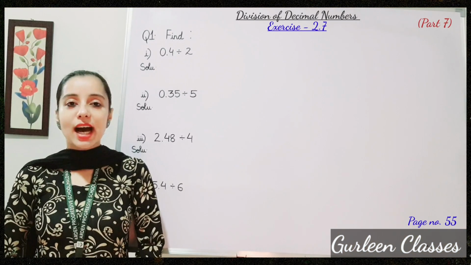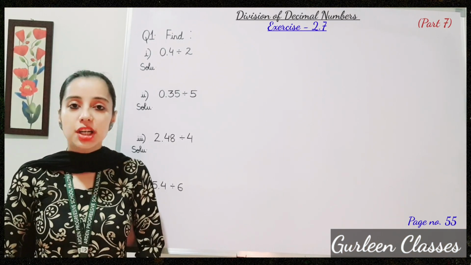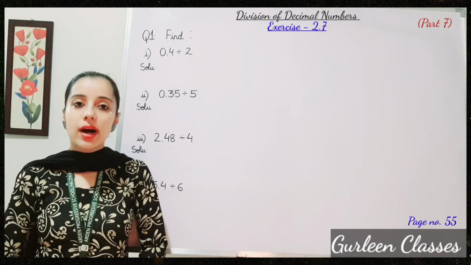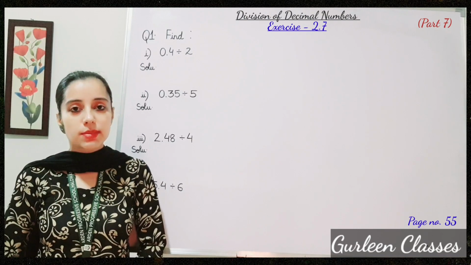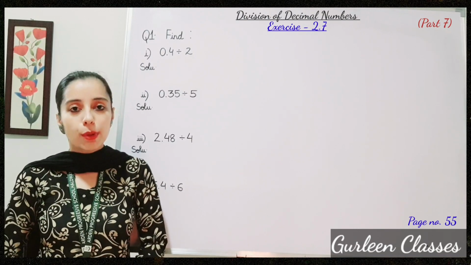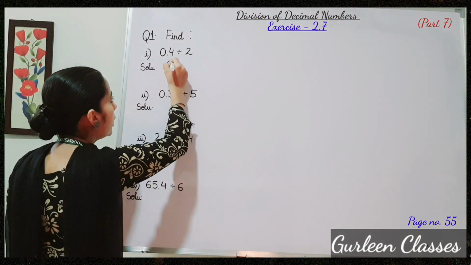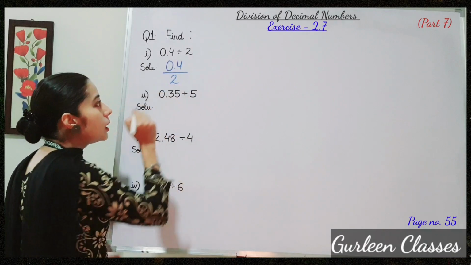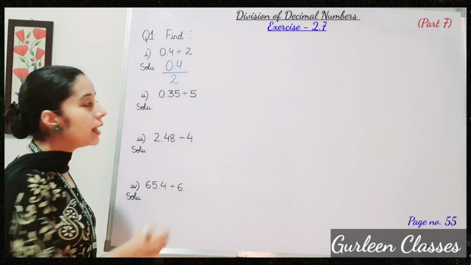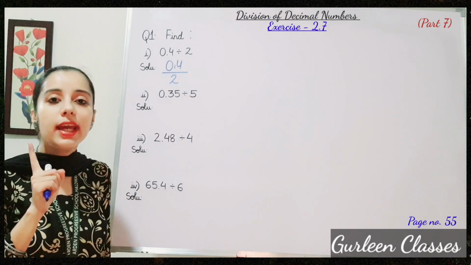So now let us start with exercise 2.7. So open the maths NCERT book, page number 55. Question number 1, find. Students, this exercise is based on division of decimals. First part, 0.4 divided by 2. So we have to write 0.4 divided by 2. So let us ignore this decimal point. If I remove this decimal point, after the decimal point there is only one digit.